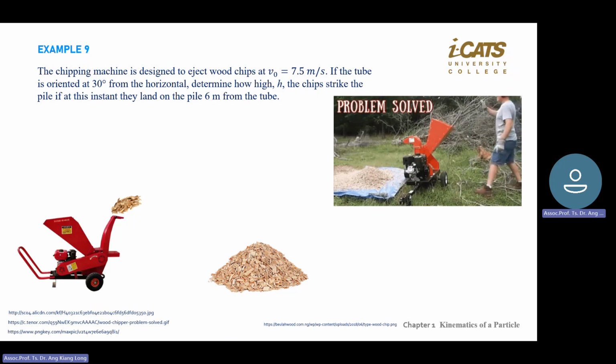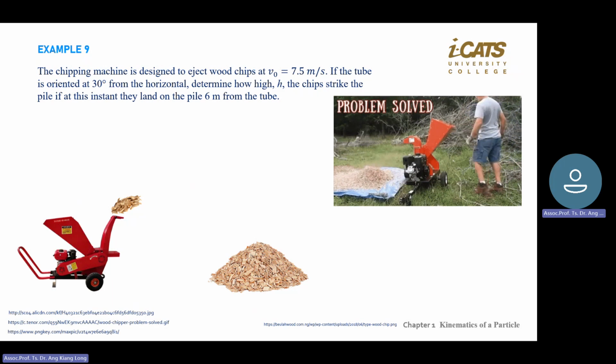This can be a design question for your aerodynamics or your FYP. If the tube is oriented 30 degrees from the horizon, meaning the nose is rotated 30 degrees, there is an angle of projectile.